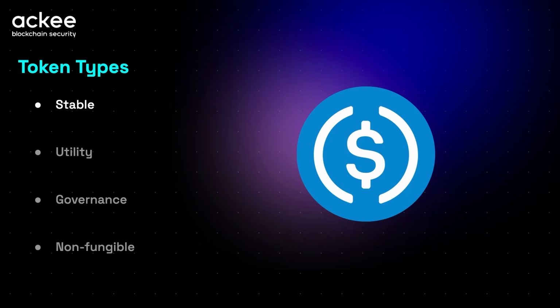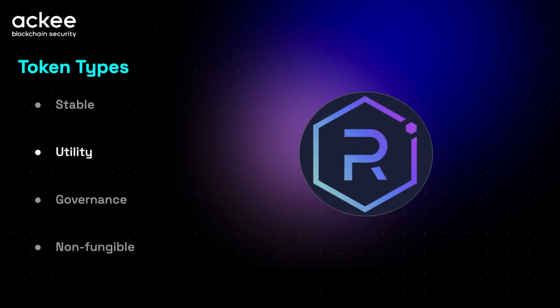examples. The first one are the stablecoins, which are tokens that are pegged to a fiat currency in order to maintain a stable value. USDC is an example of a stablecoin. Then there are utility coins, which provide their holders access to some services or features.